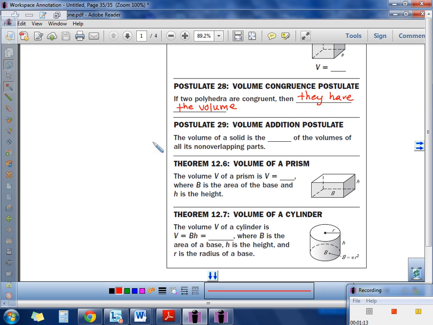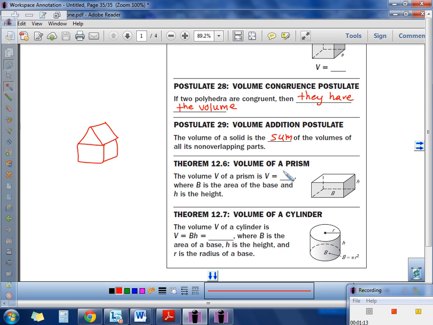Postulate 29 says the volume of a solid is the sum of the volumes of its non-overlapping parts. What that's indicating is if you have some shapes stacked on each other, like a triangular prism on top of a rectangular prism, then you can find the volume of one and add it to the volume of the other. You don't have to subtract out anything like we did on surface area.